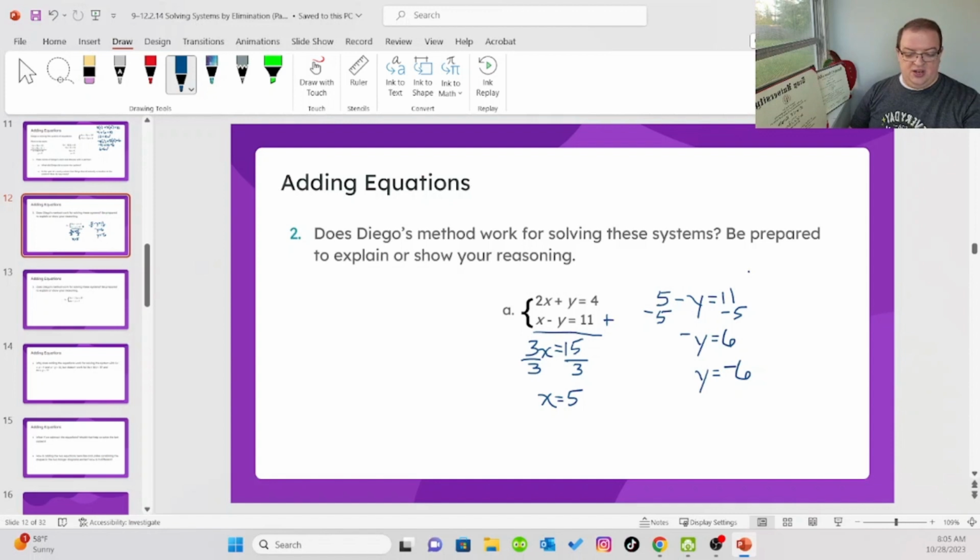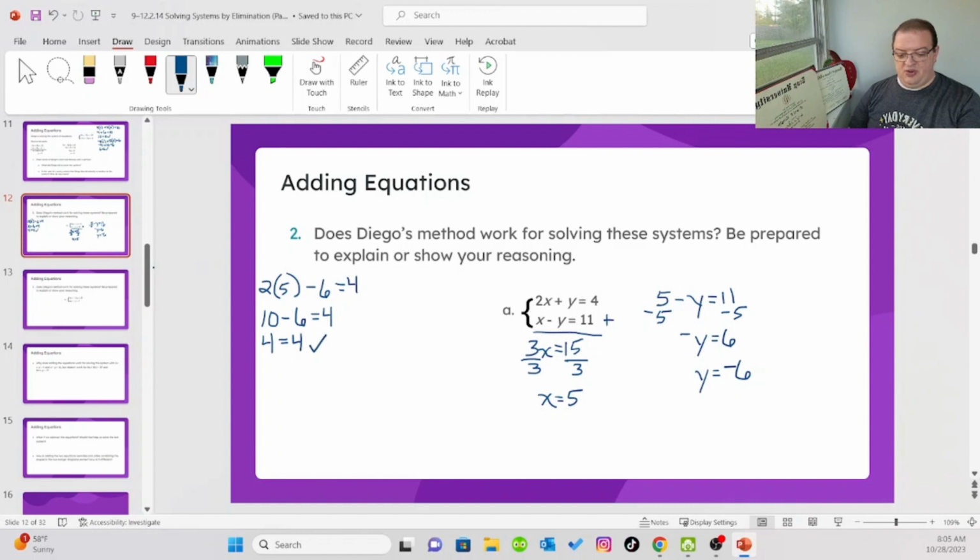Now we need to know, do these values actually solve? So we can say 2 times 5 minus 6 equals 4. 2 times 5 is 10. 10 minus 6 is 4.